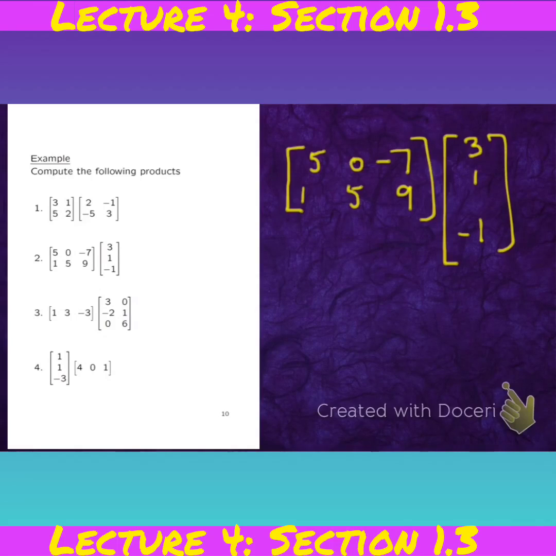Okay, so the product then becomes, right, so we need to look at the first entry. So the first entry is going to be the first row. We're going to take the dot product with the first column of the second matrix in the product. So that's going to be 5 times 3 plus 0 times 1 plus minus 7 times minus 1.